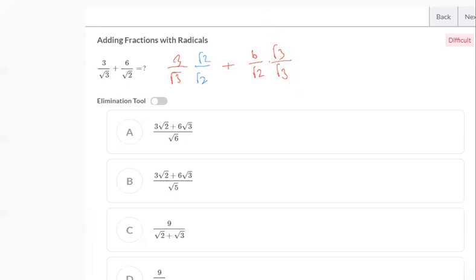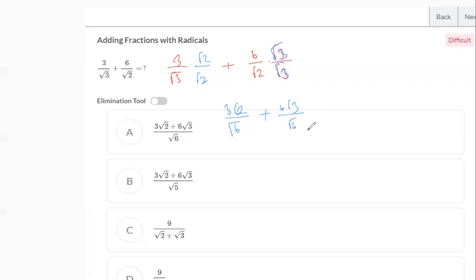So basically what I just did, I multiplied both fractions by something so I can get the same number. If I multiply 3 by root 2, that's going to be 3 root 2 over root 3 times root 2, which is root 6. We can multiply the numbers in the radical. And this is going to be 6 times root 3, which is 6 root 3, divided by root 2 times root 3, which is going to be root 6.